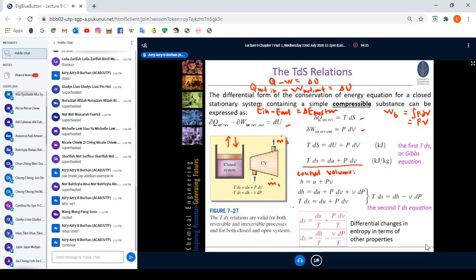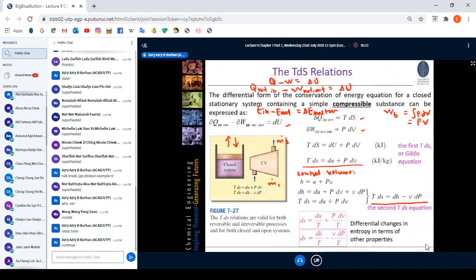When you simplify, you will end up with the second TdS equation: TdS equivalent to dH minus V times delta P. So here, when you rearrange both the first and second TdS and express them in differential form, you have delta S equivalent to delta U over T plus P times delta V over T from the first TdS, whereas from the second TdS you have delta H over T minus V times delta P over T. All right.